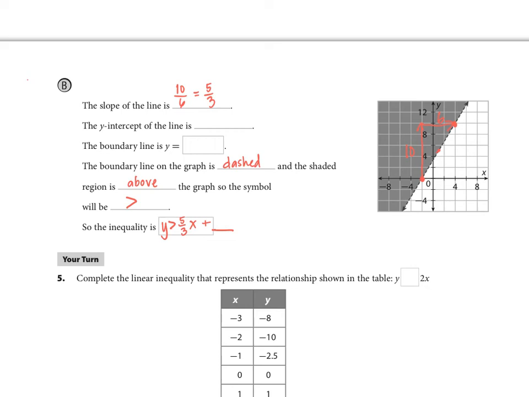So let's just say it's 3, because it looks like it's pretty close. I don't think it's exactly equal to 3, which is fine. It's probably 3 2/3. So it's y equals 5/3 x plus 3. And so now I can erase this here and put 3, and that's our inequality.